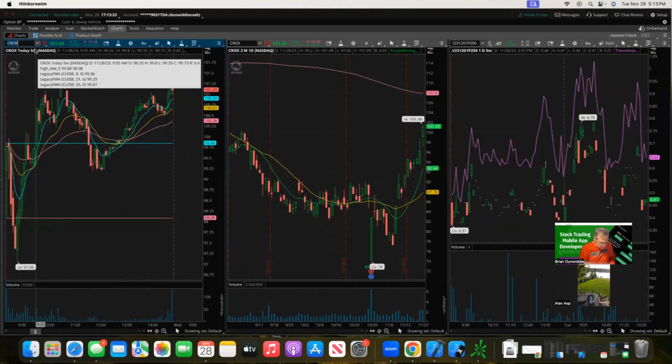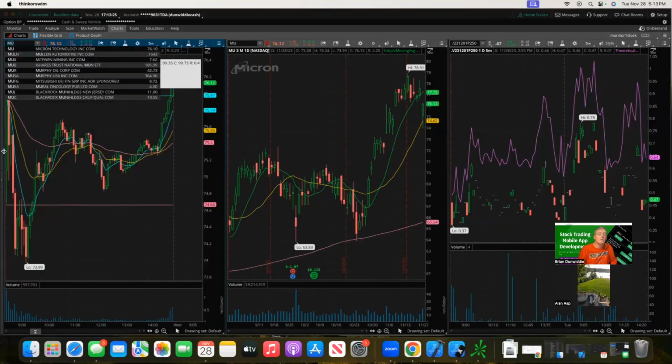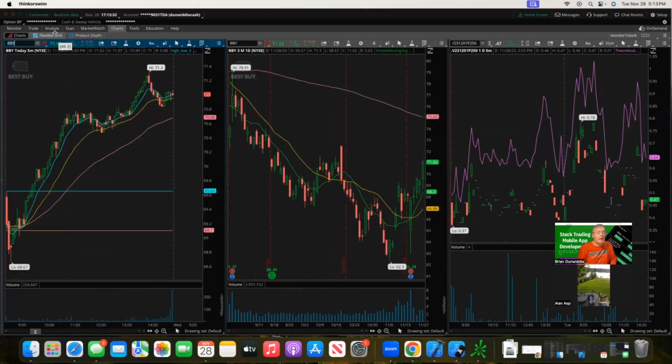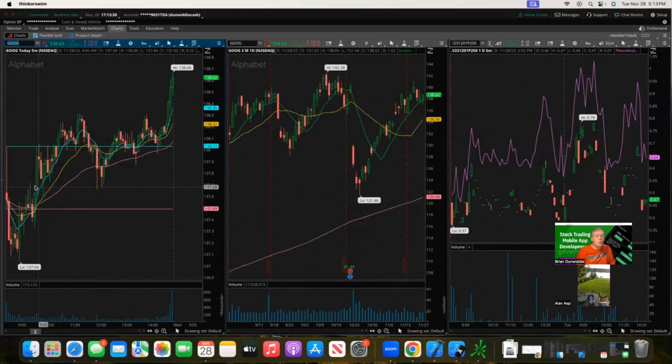If you look at MU, here's 9 o'clock. Notice the reversal. Best Buy, notice the 9 a.m. reversal. Boog, 9 a.m., notice the reversal.